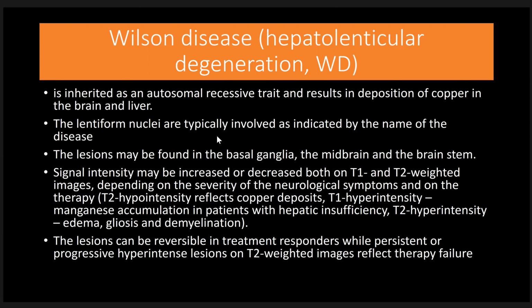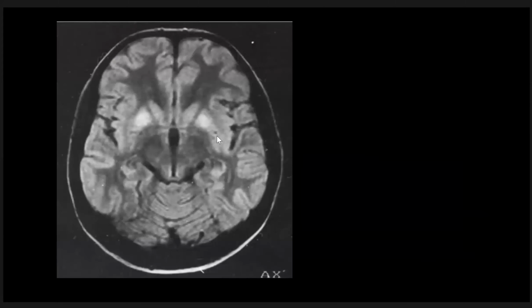Here, in this patient with Wilson disease, we have hyperintensity of the globi pallidi bilaterally on this axial proton density weighted image.